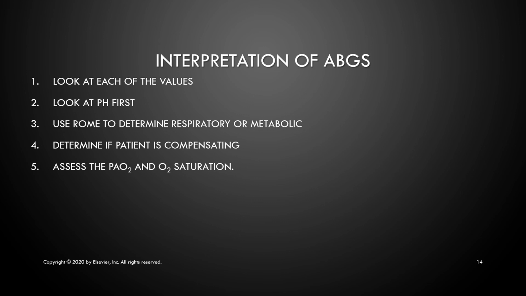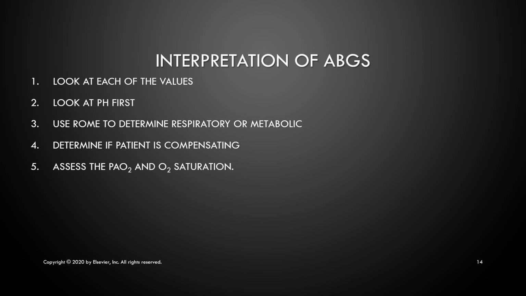You also need to know that this is also going to be how we determine if the patient is compensating, and we will go into that in just a little bit. So like we discussed, all of these systems are trying to regulate the pH. So when we talk about compensation, basically we're saying that one system is not working correctly.